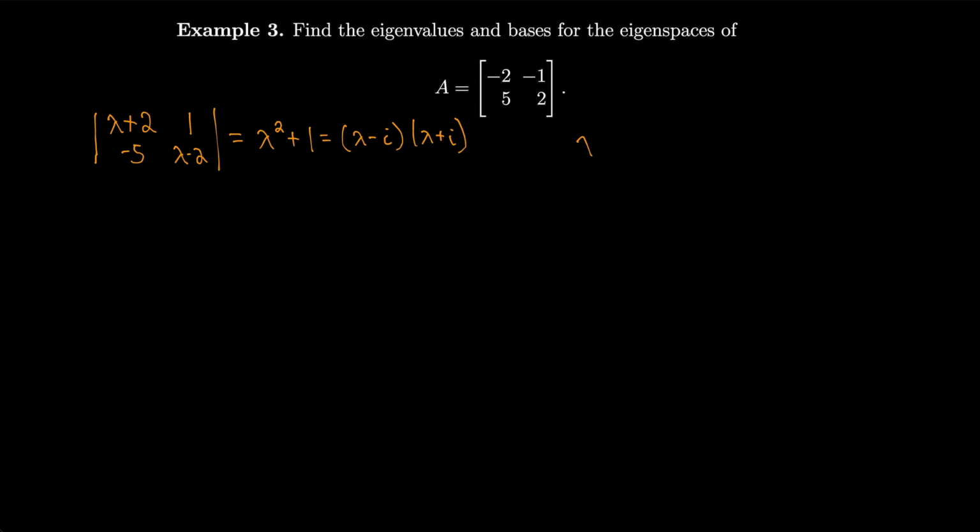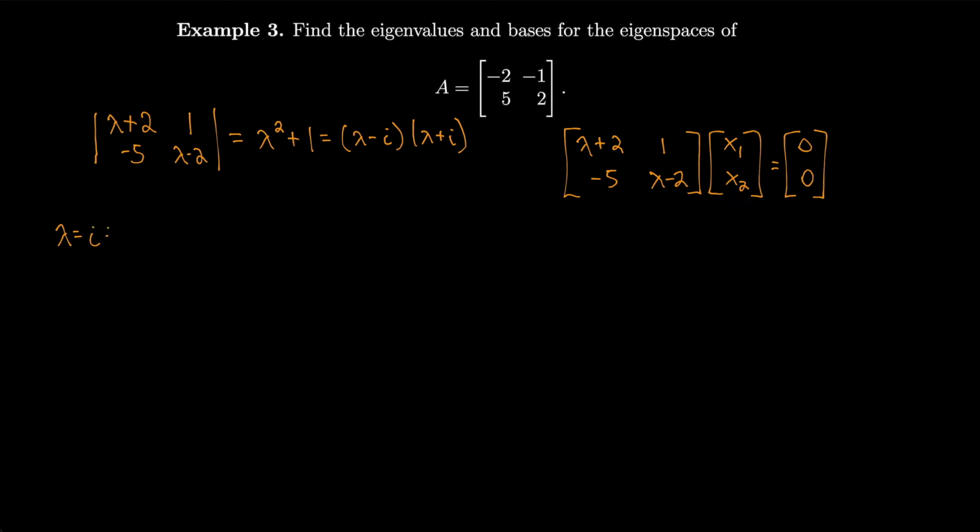So in other words, we're looking at the matrix lambda plus 2, 1, minus 5, lambda minus 2 times the vector x, which we'll write as x1, x2, and set that equal to 0, 0. Okay, so solving for x, let's first try the case where lambda is equal to i. Oh, not 1, it's i, and that'll be for our first eigenvalue.